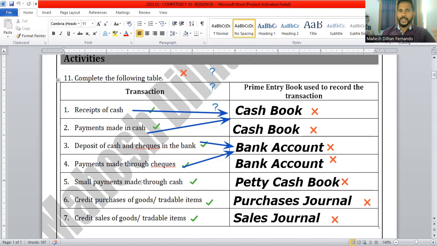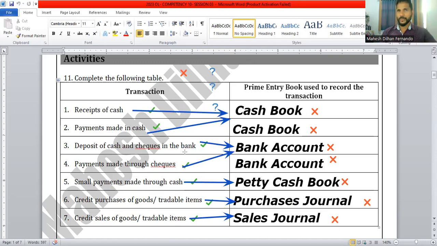If you have made a small payment, you have to record that in the petty cash book. Credit purchase of tradable items, purchases journal. Credit sales of tradable items, sales journal. It means only the credit sale of goods can be recorded in the sales journal.